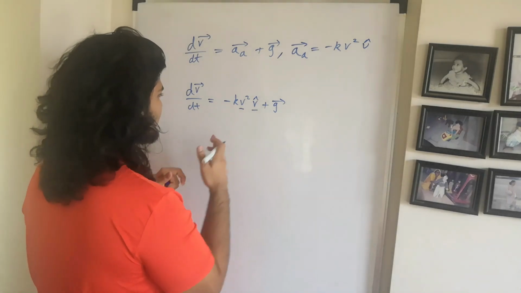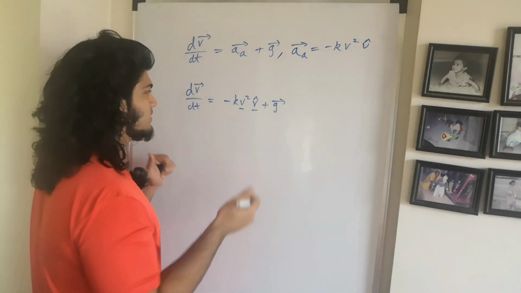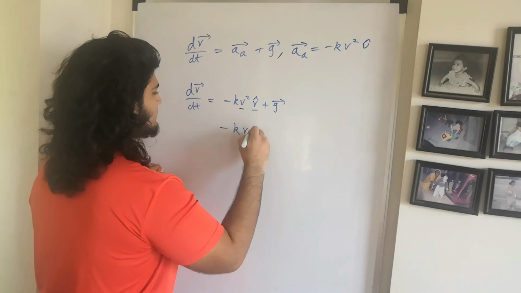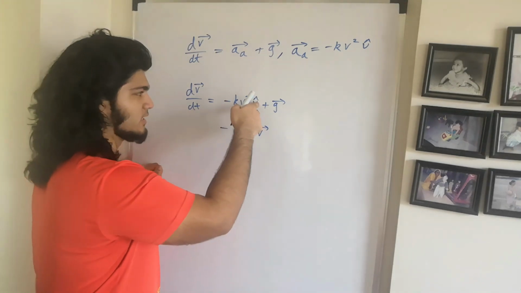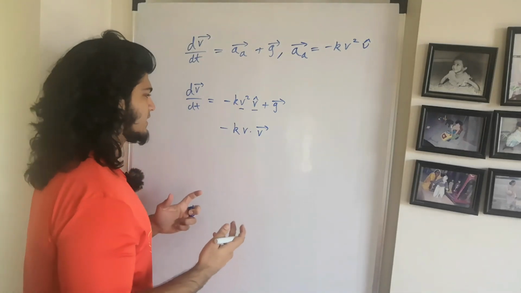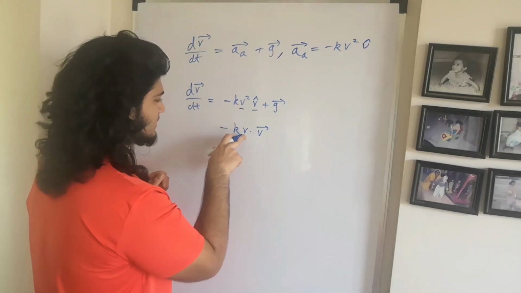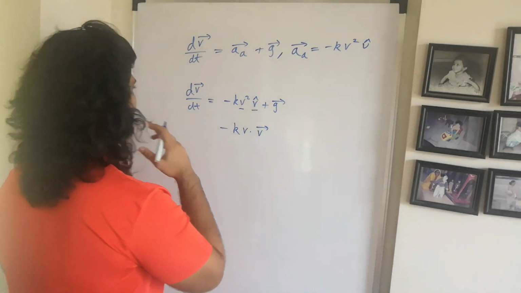You may be thinking that we can combine the magnitude and the direction to give us the vector. That will work, but only to a certain extent, because then this will become kv times v vector, since one v will combine with v hat to give you v vector. But this is also a function of the magnitude of v as well as the vector v itself. So this is a problem.